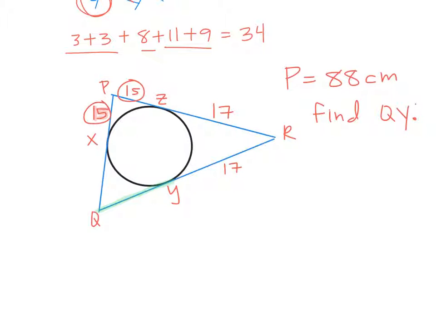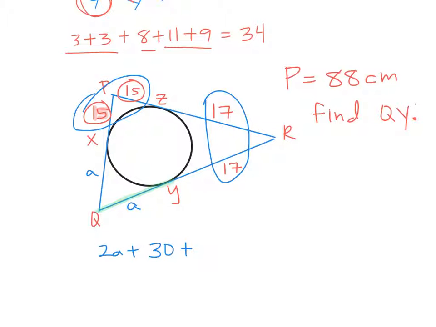Just for the sake of setting up an algebraic expression, I would call your two pieces here some variable, because we know they're the same. If those are both A, then I know that 2A plus 30 plus 34, right? So I'm just adding up all the pieces, has to equal 88.